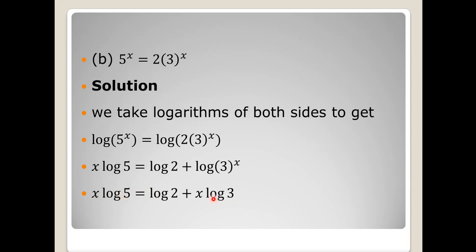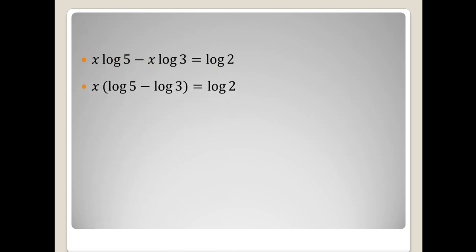So if we collect these two terms, what we will get is x log 5 minus x log 3 equals log 2. Now let's take x as a common factor. Then we will have x times (log 5 minus log 3). Divide both sides by this bracket, then we will get x equals log 2 divided by (log 5 minus log 3).